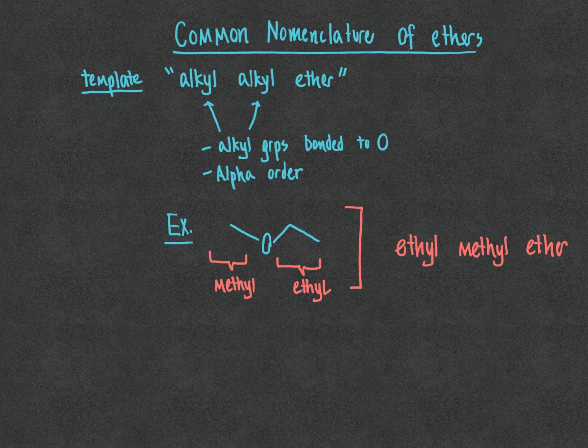You will need to be proficient at naming your alkyl groups for this exercise because you will need to be able to apply terms such as isopropyl, sec-butyl, isobutyl, tert-butyl, and so on. So let's try an example where we do need to be aware of those terminologies.